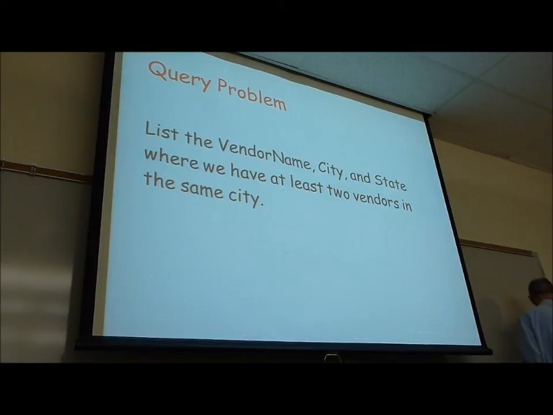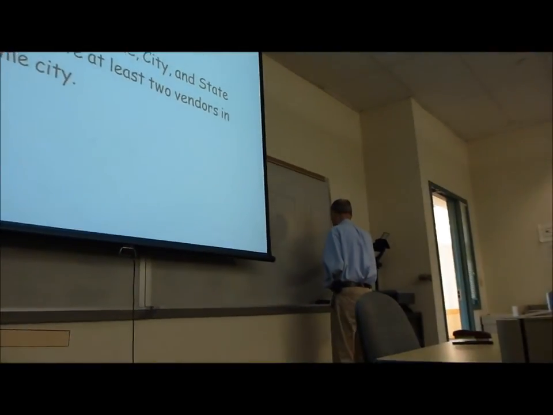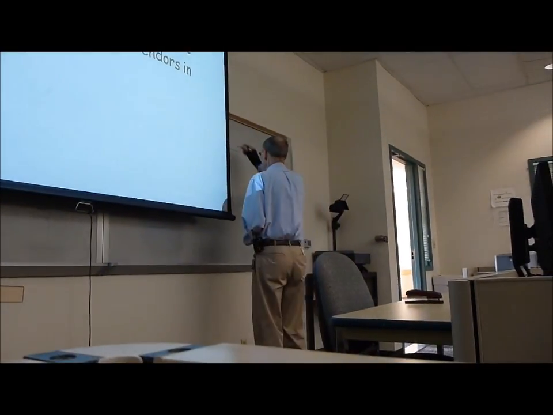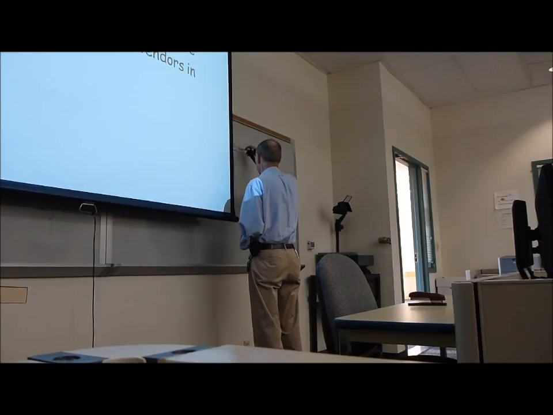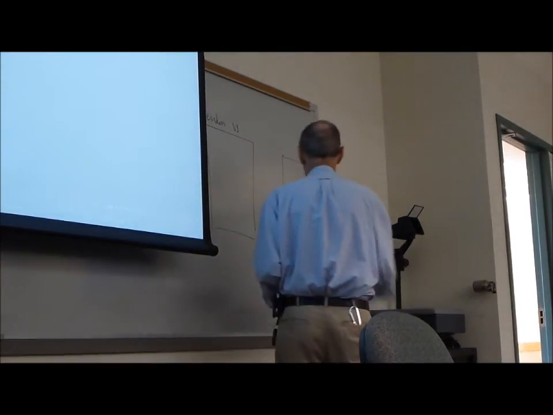Or maybe what we could do is if we had 2 copies of the same thing. 2 copies of the same table. Well, if I had vendors here, and I had, so I had vendors. I might call this table B1, and I had vendors.